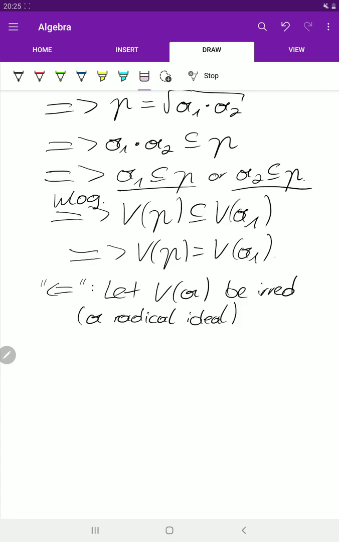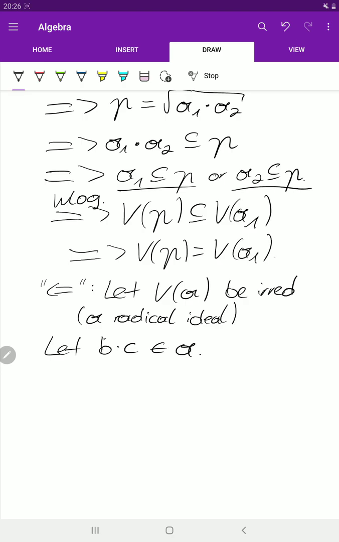Let's see if we need it, but I think we don't need a contradiction. So let's start with, let's call it B and C, not A and B. Let B times C be in A.